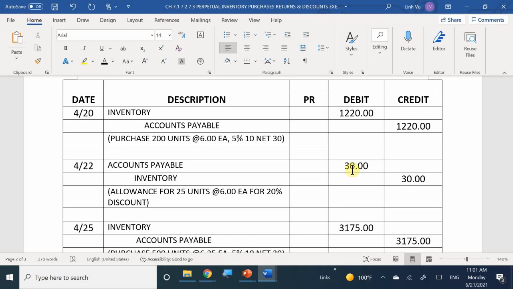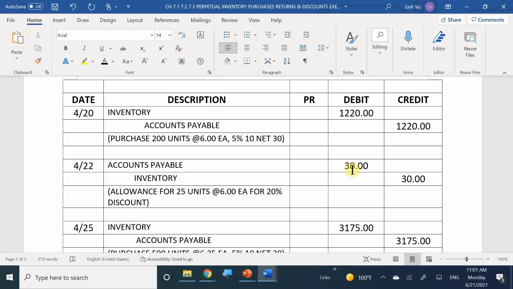Right, good. But what does that include? So that includes the return. Okay, but what else is included? Why is my total 1190? What else is in there that's in the inventory that I'm not supposed to discount? Oh, the freight. Correct.